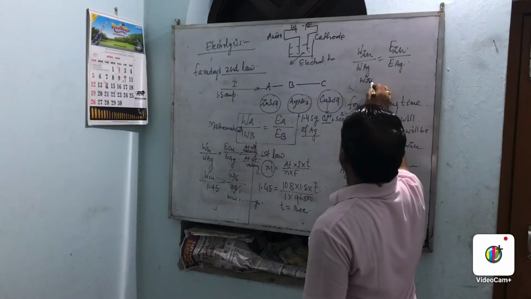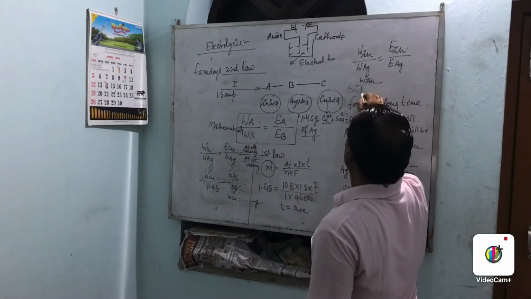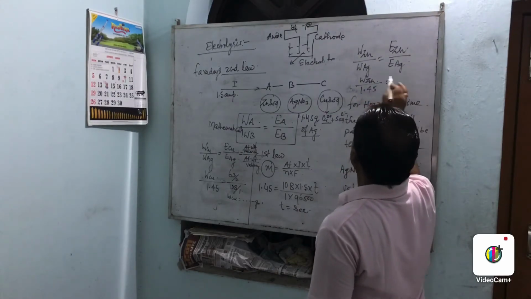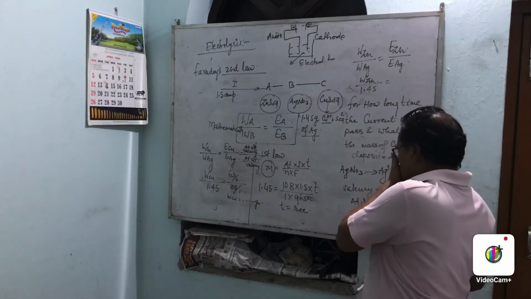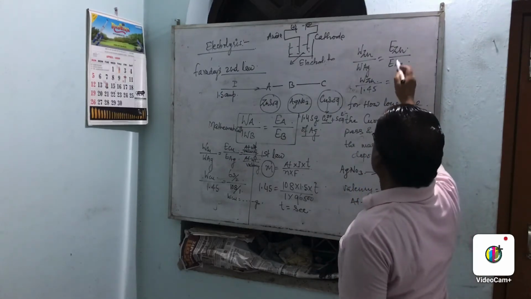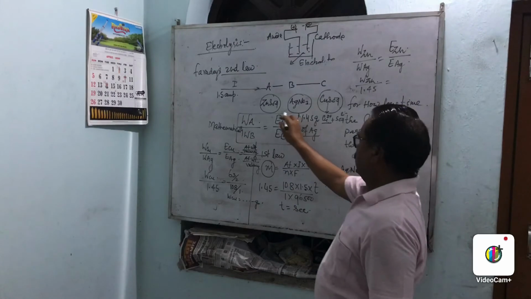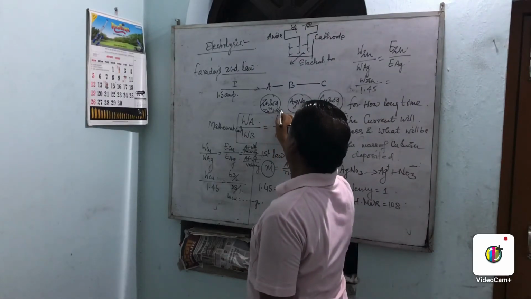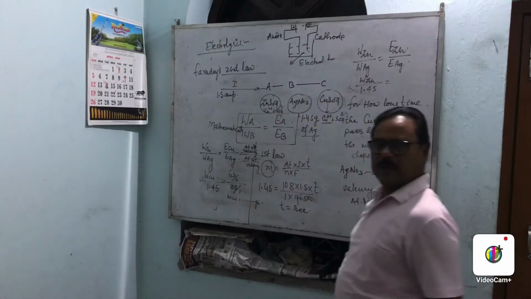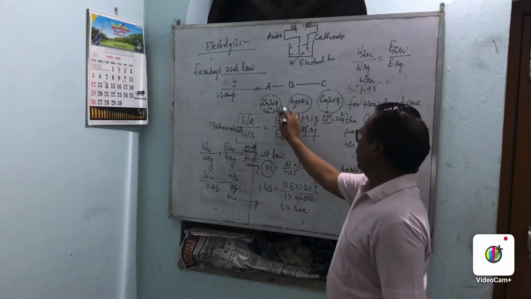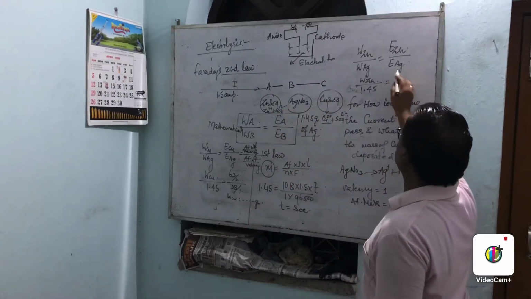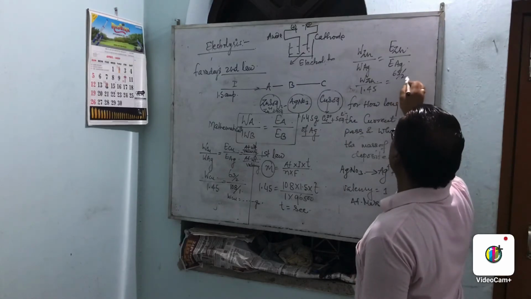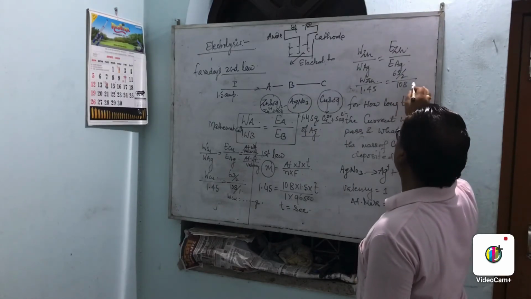Similarly, W zinc is known, Az is 1.45 gram. Sorry, this is zinc sulfate again, Zn2+ and this is the sulfate 2- ion, right? So here 65 by 2 and here 108 by 1.